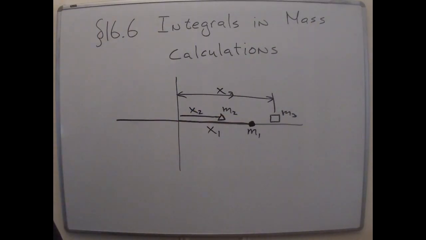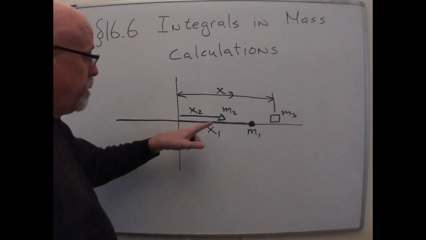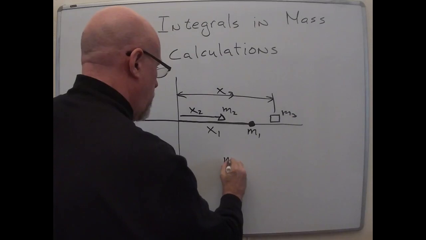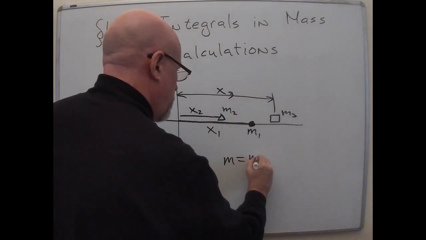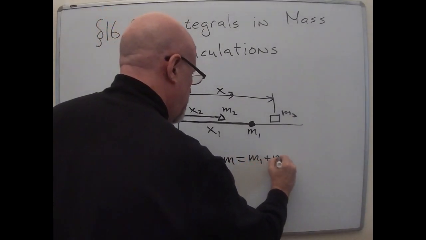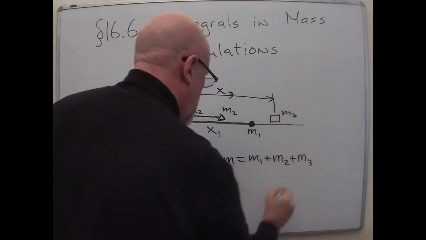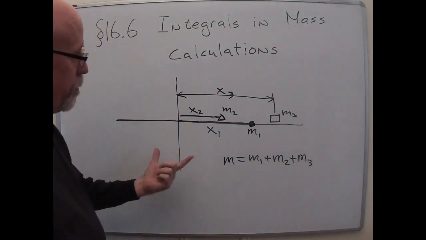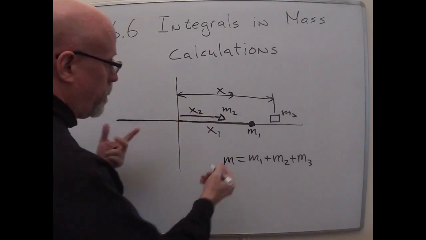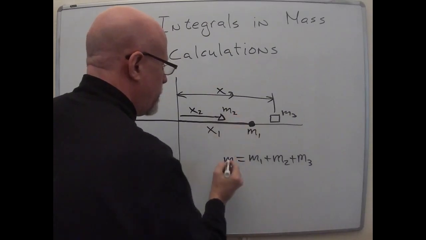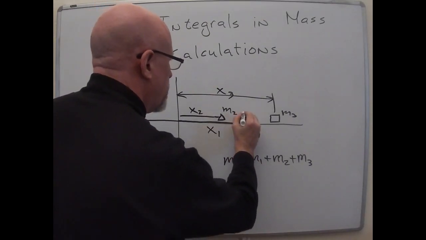Now, all told, they have a mass, that is, the total mass of the three things is m1 plus m2 plus m3. And the center of mass of these things, it depends on what the masses are, of course, but the center of mass is actually, there's a symbol people use for it.